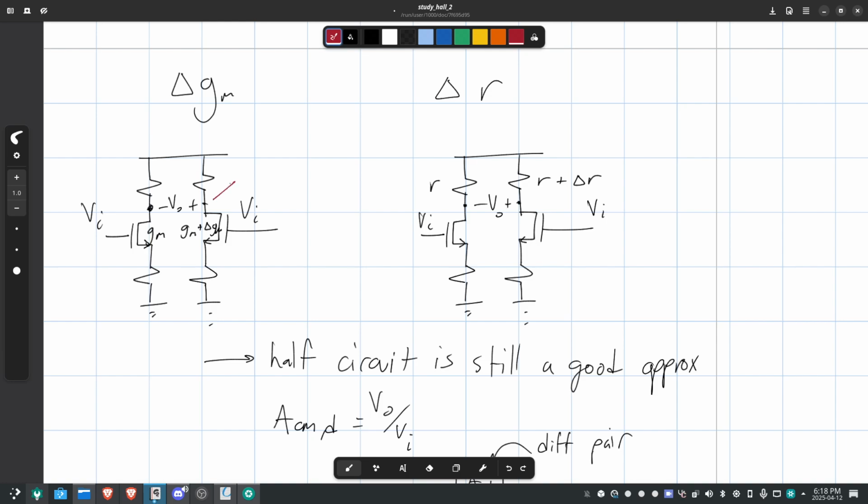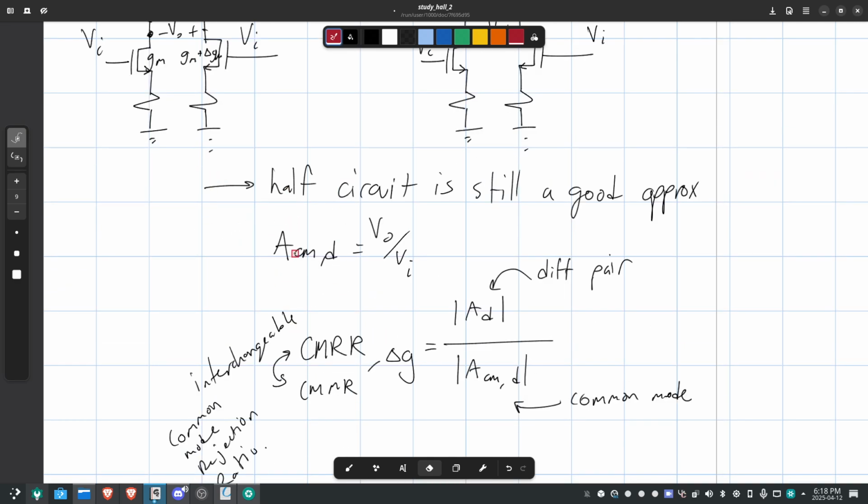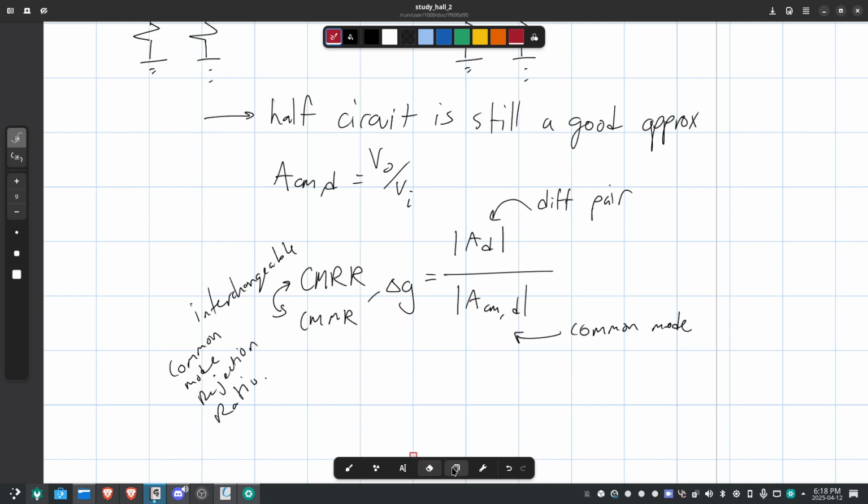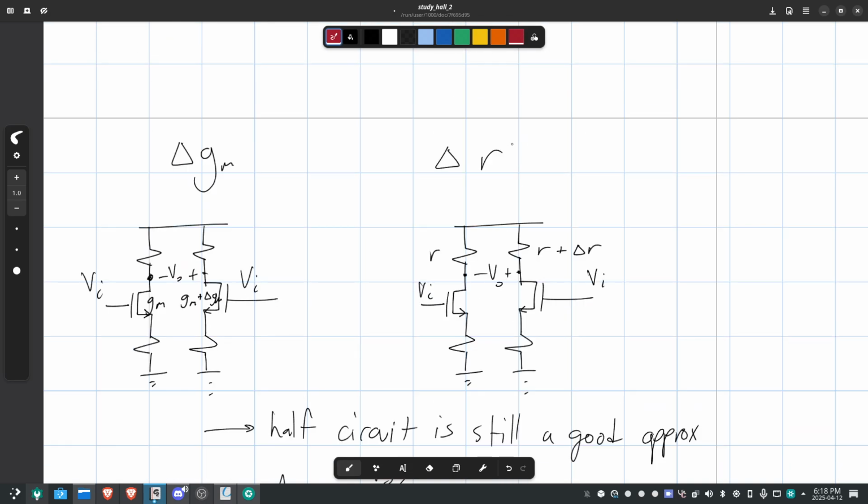So the difference in VO might actually exist because it's the real world. And we note that down as the amplification of common mode, or the common mode rejection ratio, which is this formula, which you need to remember, or delta R for resistance, depending on what you have. If you have a resistance difference, or you have a transconductance difference. This is not transconductance. What is GM again? I forgot the name.